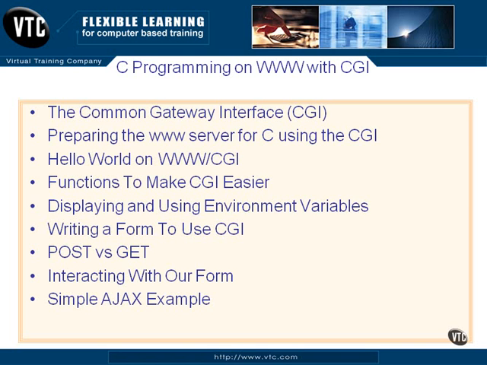We're going to take a look at how you prepare the web server for C using the CGI. We have a few things we need to set up so that you can execute programs on it. What I'm going to recommend is that you use a web server on your computer, not a host someplace out in the world at an ISP. If you do that, you're going to be exposing them and you to some serious security problems if you don't write your programs exactly right.